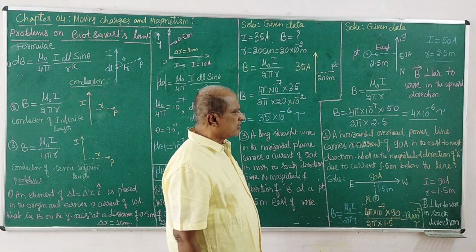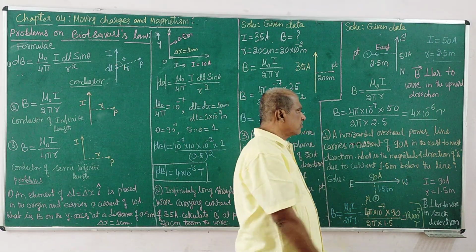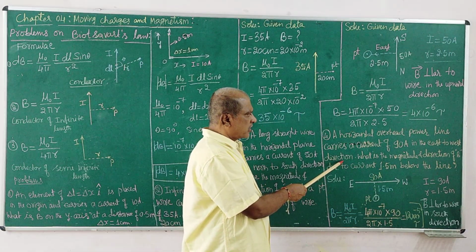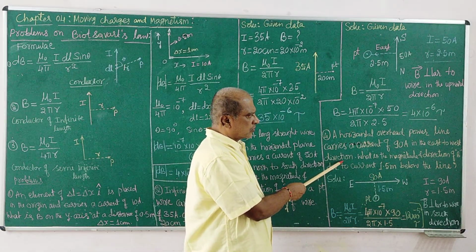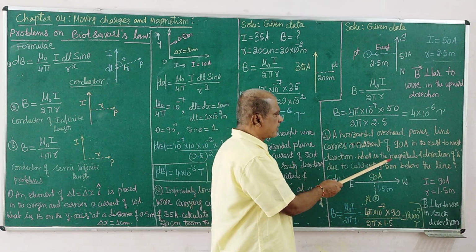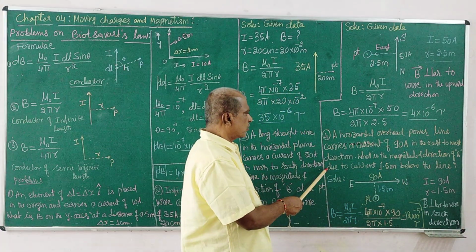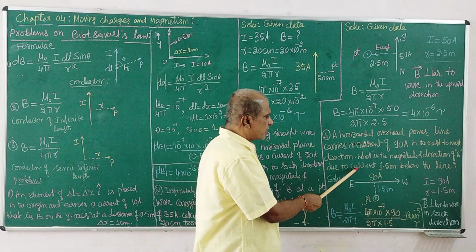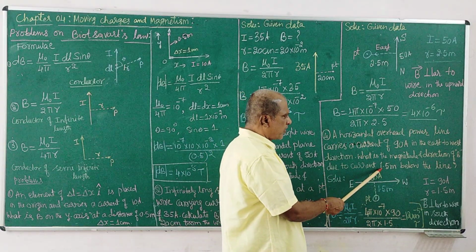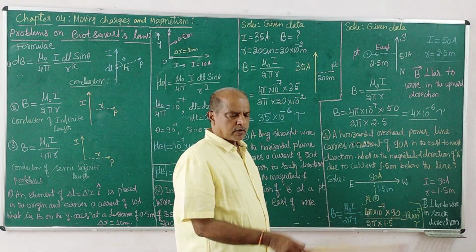The direction of the power line is east to west, that is, the direction of the current is east to west. What is the magnitude and direction of B at a point due to this current, about 1.5 meter below the power line?